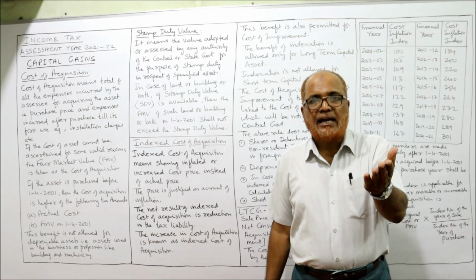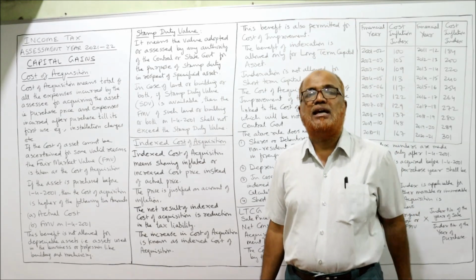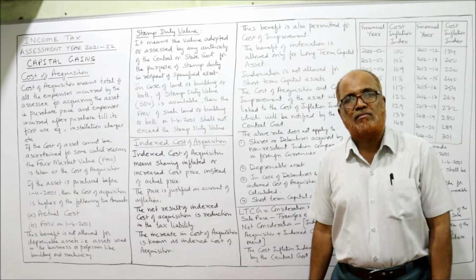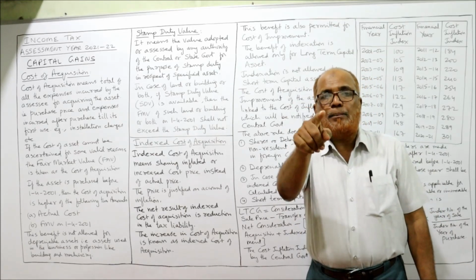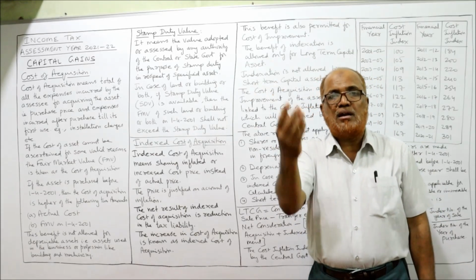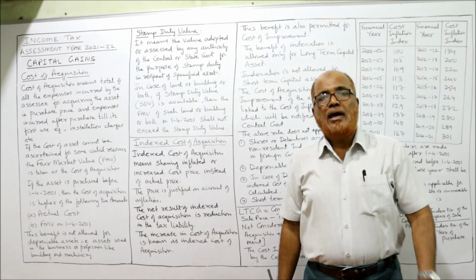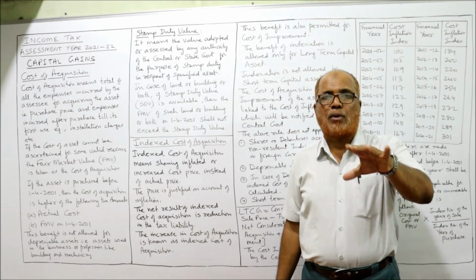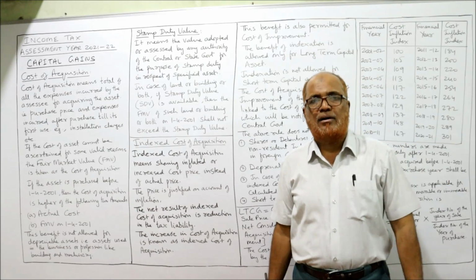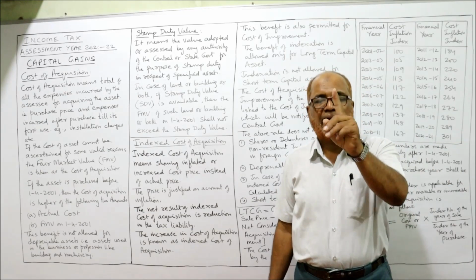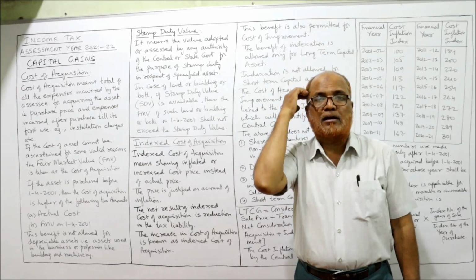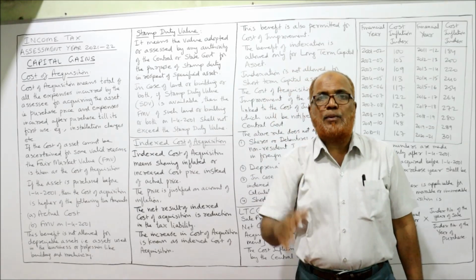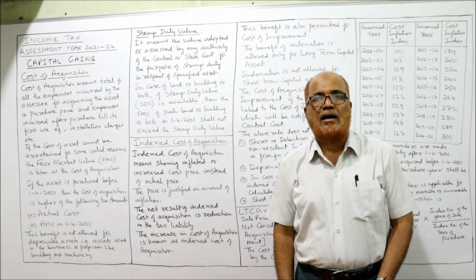There is a general tendency of increase in the prices of goods and services. When the value of money is decreasing, the prices of goods and services are increasing. For example, a person purchased a property 20 years back for rupees 1 lakh. Now, in the current year, he is selling the property for rupees 20 lakh.